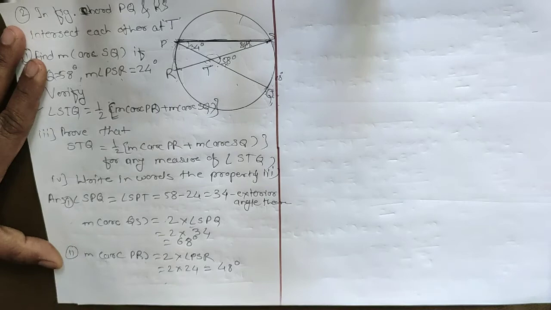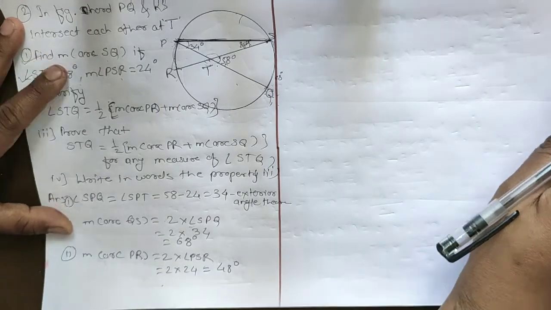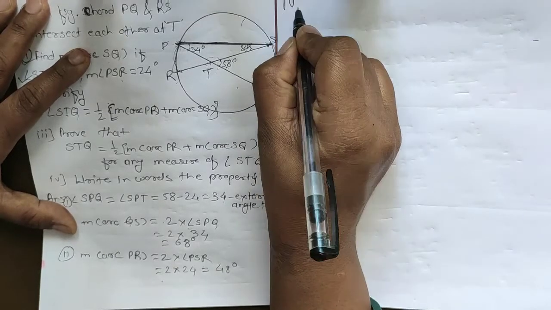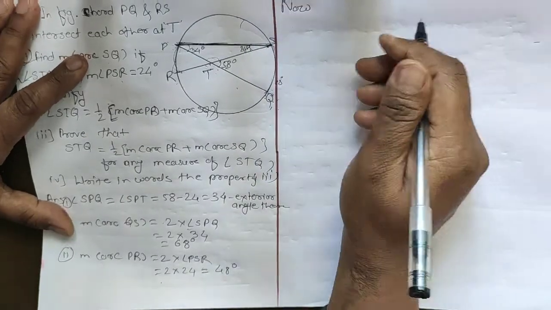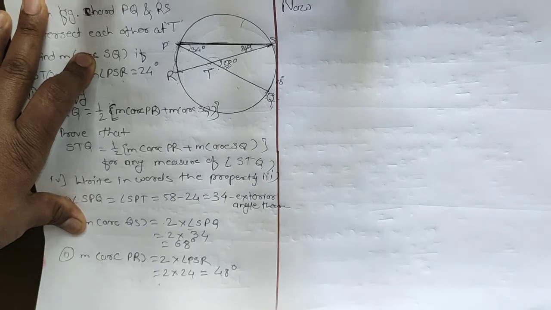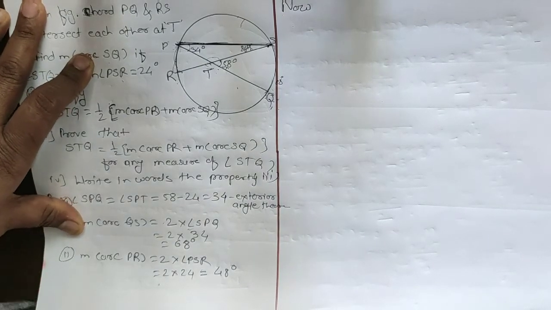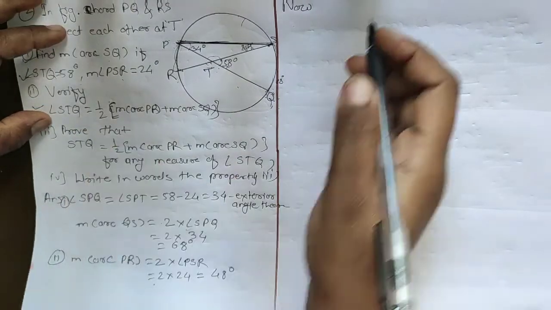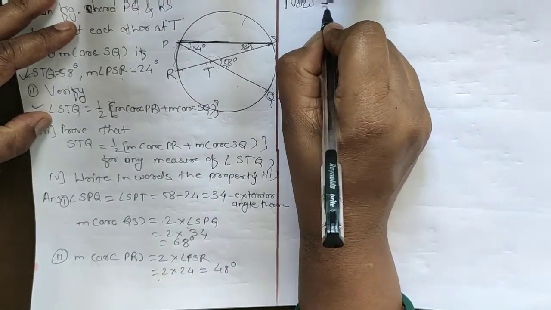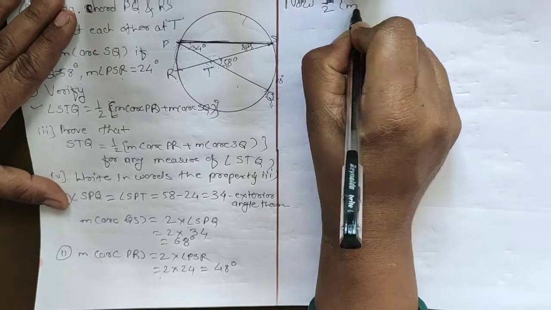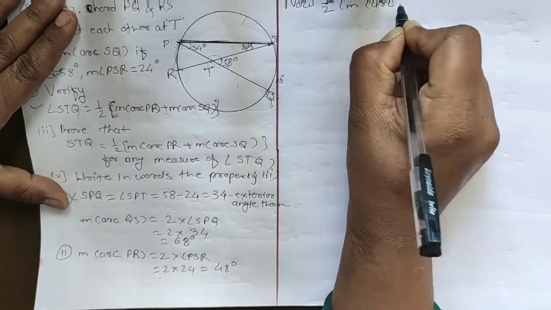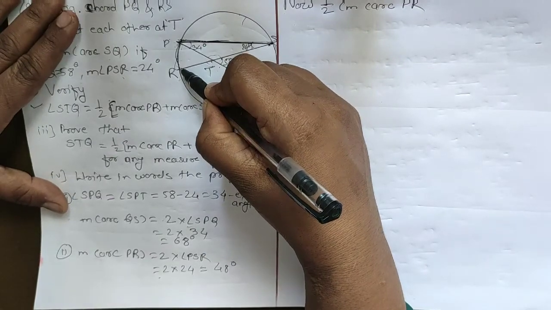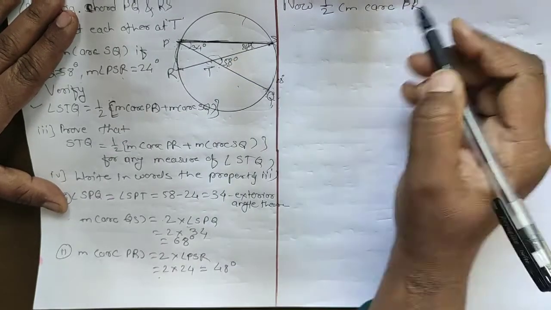Now what do we have to write? First, see here, we will write 1/2 of the measure of arc PR plus the measure of arc SQ.